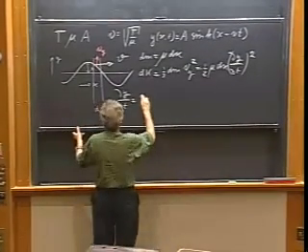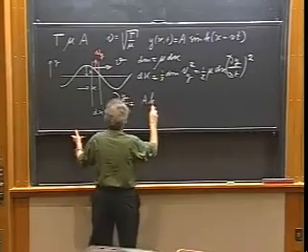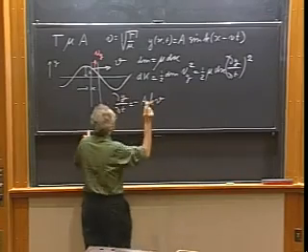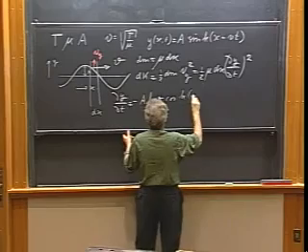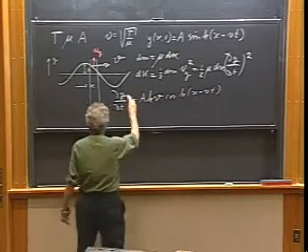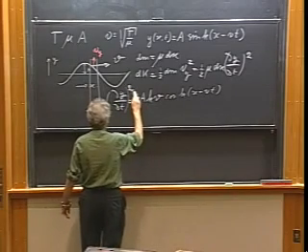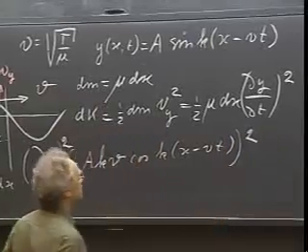So first I get A, then out pops a k, then out pops the minus v, and then the sine becomes a cosine. Cosine of k times (x minus vt). But I have to square that. So I have a square here, and I get a square here.